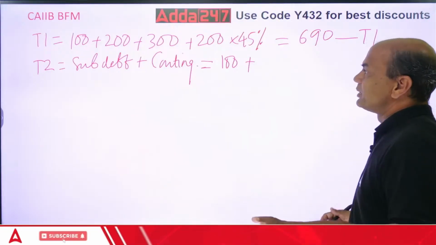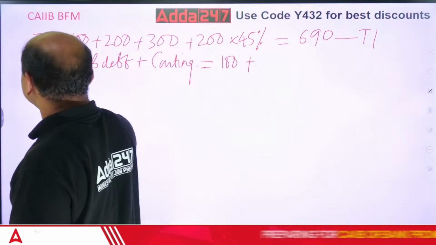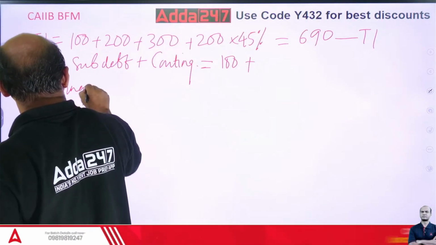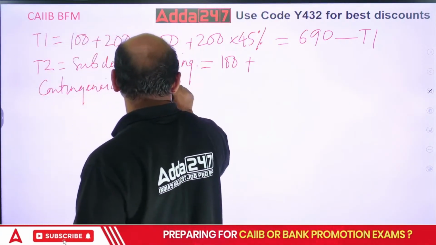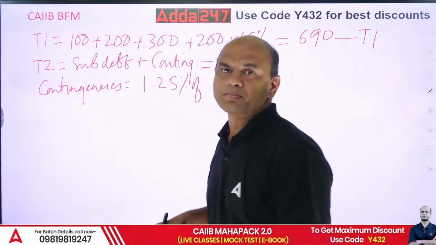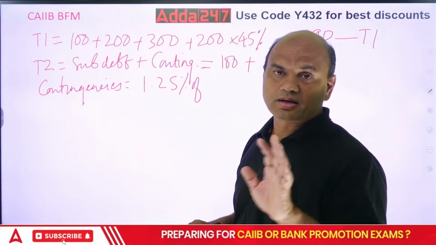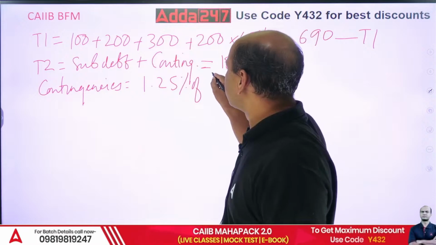This won't be as easy. So I'll write this contingencies over here. So 1.25% of RWA. What is RWA? RWA over here is of three types: market, credit and ops.